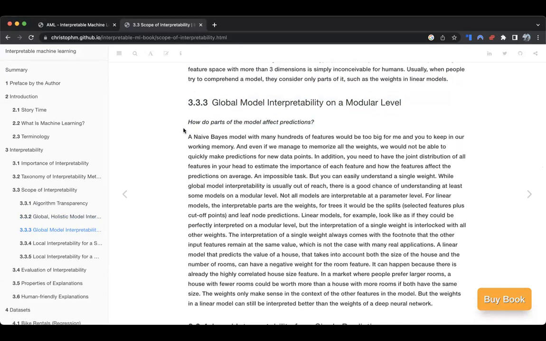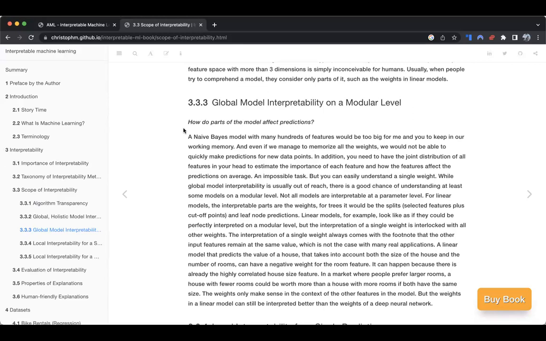But if the weight for that feature is very big on the negative side, like minus 500, that means this feature is very bad for your output, right? So if you are trying to get a loan, this feature is very bad, and you should try to minimize it.